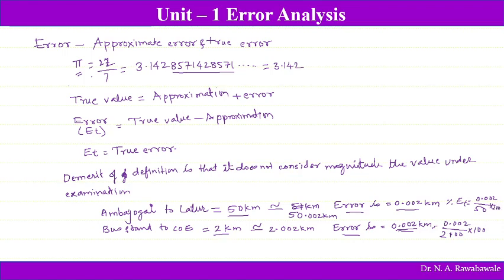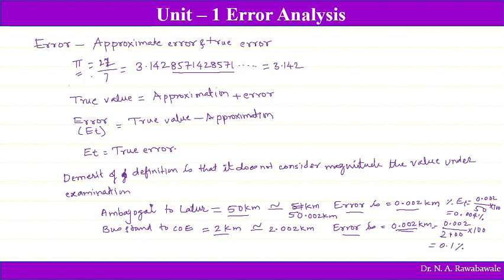So in the first case, 0.002 divided by 50 gives a percentage error of 0.004%, and in the second case, 0.002 divided by 2 km gives 0.1%.